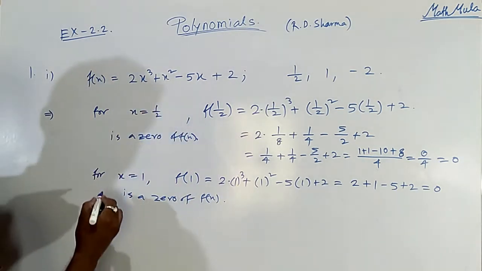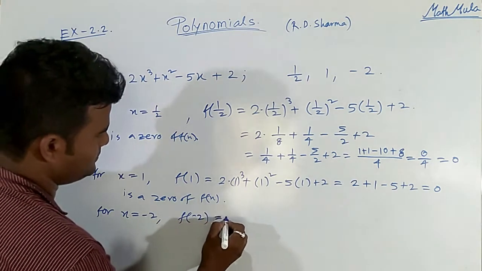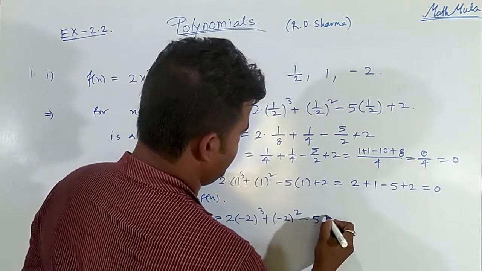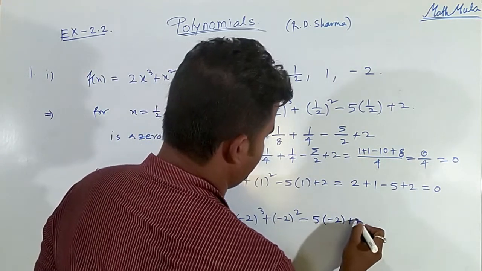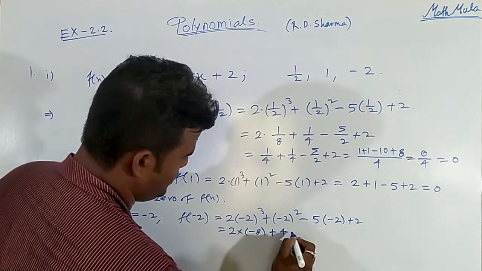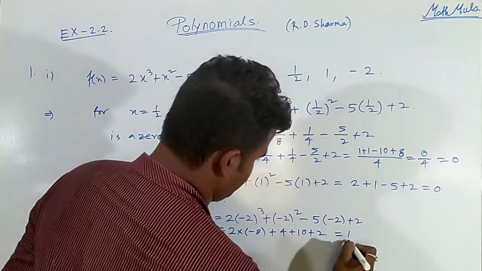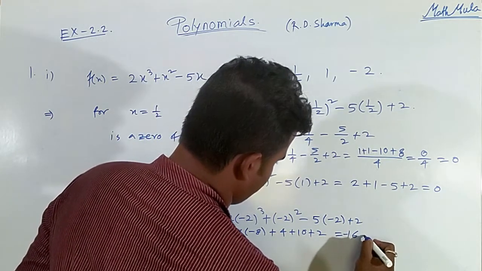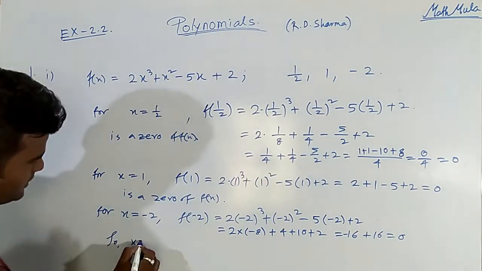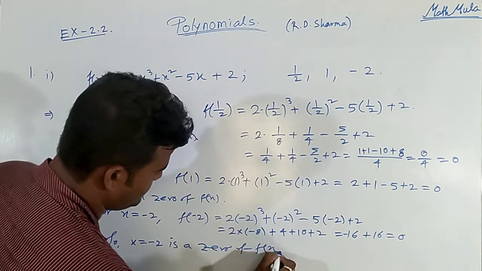Now we check for x = −2. f(−2) = 2(−2)³ + (−2)² − 5(−2) + 2 = 2(−8) + 4 + 10 + 2. Now this is −16 + 16 = 0. So x = −2 is a zero of f(x).